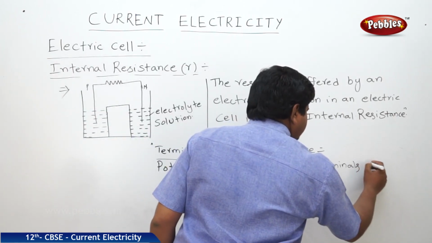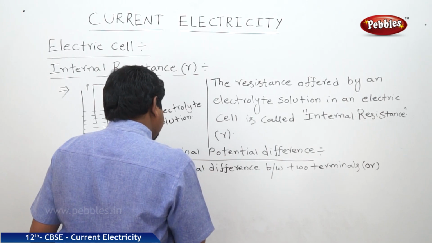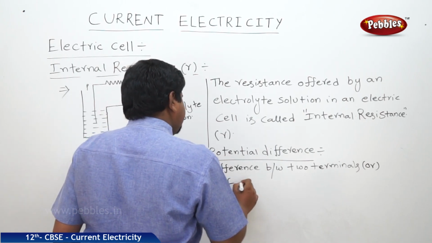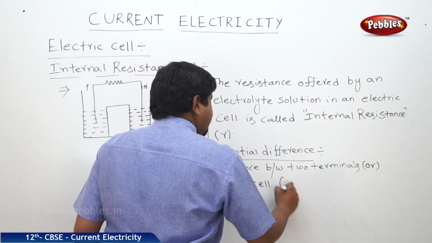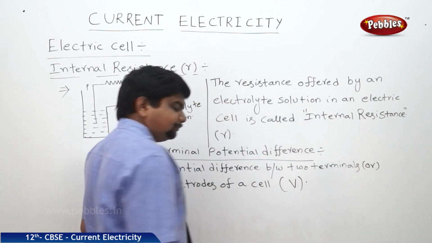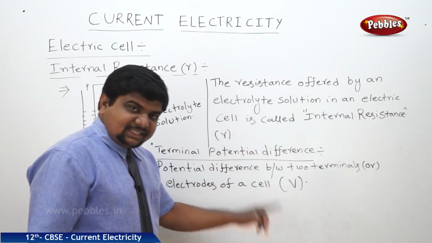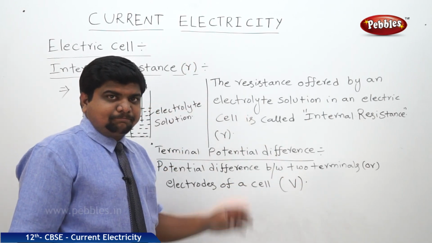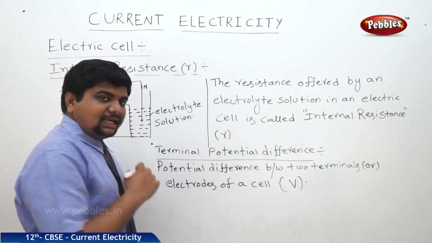So it is the potential difference between the two electrodes of a cell. Its symbol is V. Now this V is related to the EMF and internal resistance. The formula is like this.